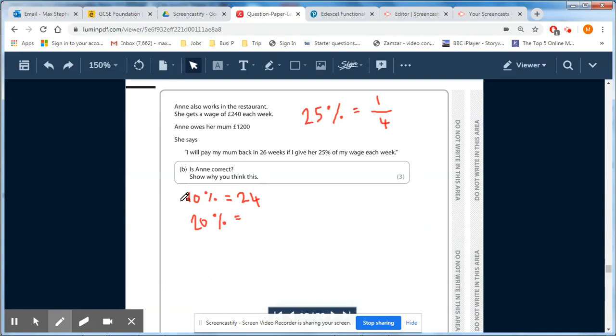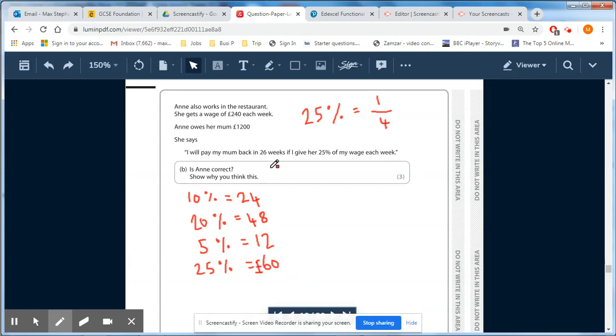Once I know 10%, I can just multiply that by 2 to get 20%. I also need to find my 5%. So my 5% I can find by halving my 10%. And then I'm just going to add up those two. So adding the 20 and the 5 to get 25, 48 plus 12 is equal to £60 per week.